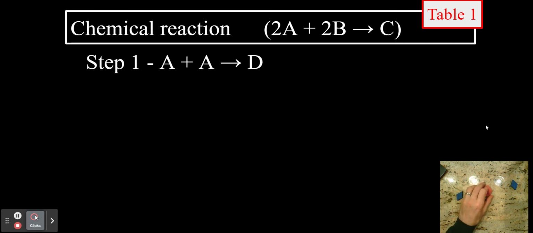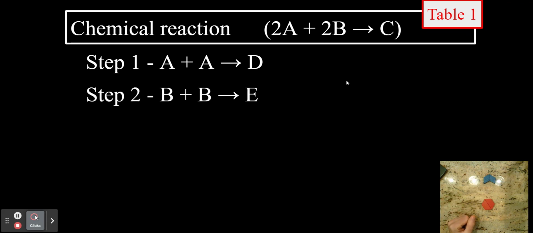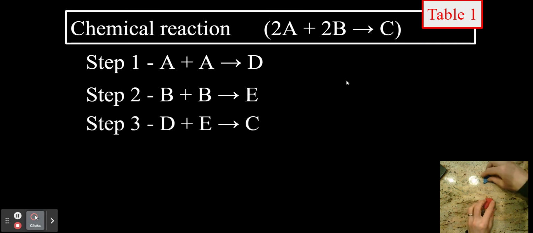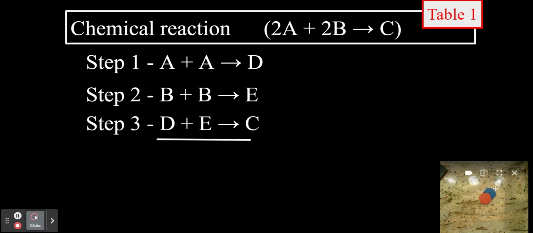I'm going to call this thing D. You can tell it's not a product, therefore it's an intermediate. Then the next thing that happens is that these two things hit together to form something else. And then these things come together to form that. This whole thing is C.